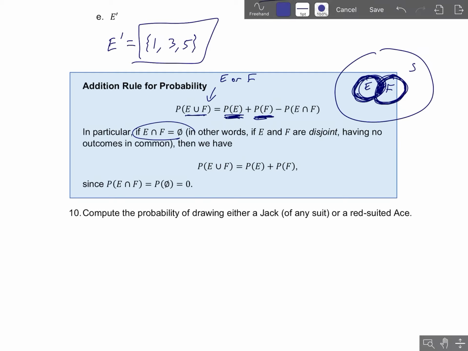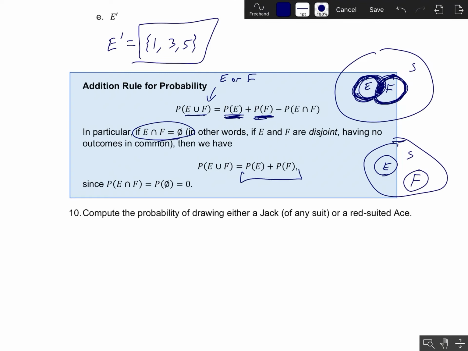However, if E and F have nothing in common, so if E lives over here and F lives over here, and those are disjoint events, in other words, they have no elements in common, then you can do the naive thing where you just add the probability of E plus the probability of F. That's because the probability of their intersection would be 0 because it's empty. So these formulas are consistent with each other.